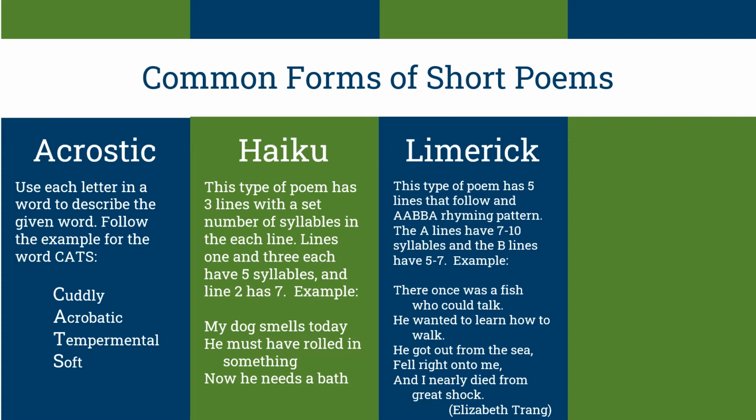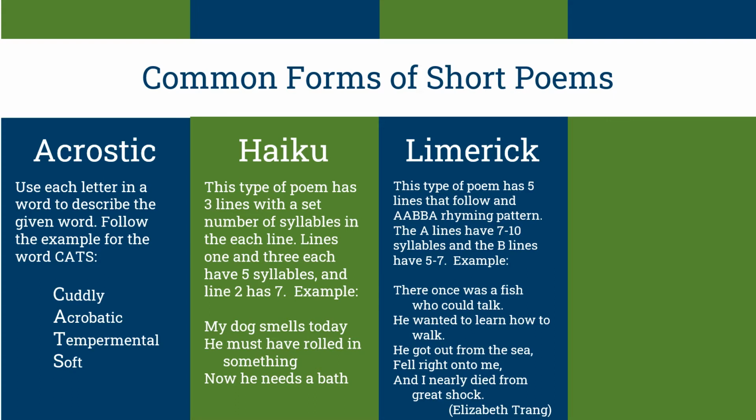You'll have lines A, B, B, A. Now, I found an example of a good limerick online. There once was a fish who could talk. He wanted to learn how to walk. He got out of the sea, fell right onto me, and I nearly died from great shock. Now that was a limerick, again, found online by a poet, Elizabeth Trang.